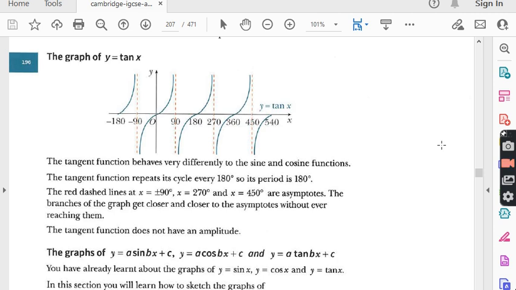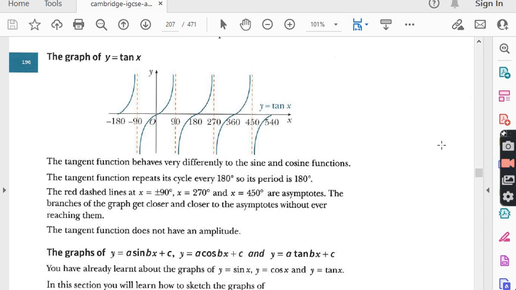So this is the main difference. If someone asks you to give any one difference between sine, cosine and tan, then you say that sine and cosine functions have a period of 360 degrees, while tangent has a period of 180 degrees. So this is one difference.